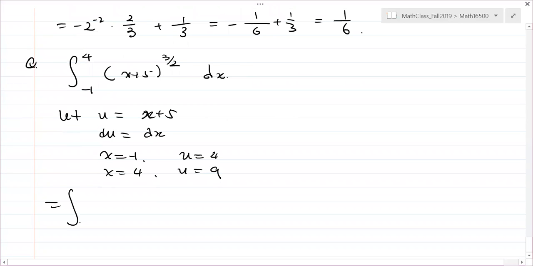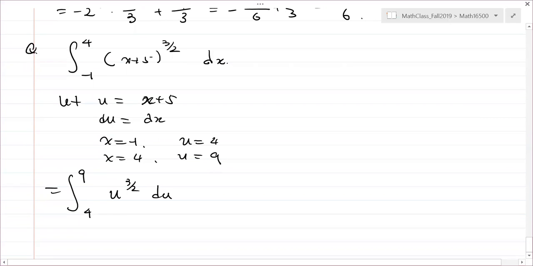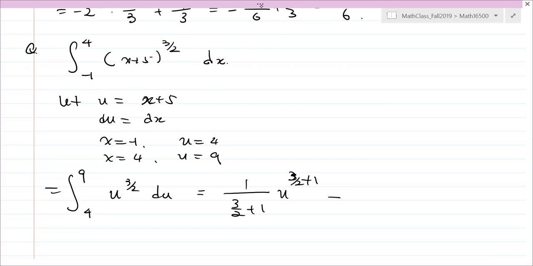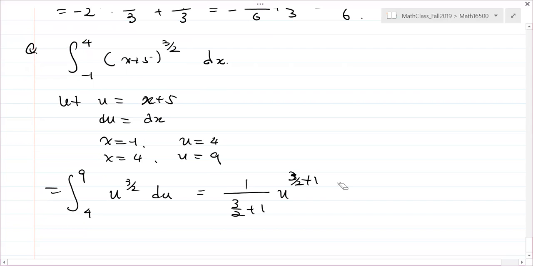So the integral becomes from 4 to 9 of u to the 3/2 du. Then you just find the antiderivative of this function. And this is the antiderivative, right? Then you evaluate at the two endpoints.